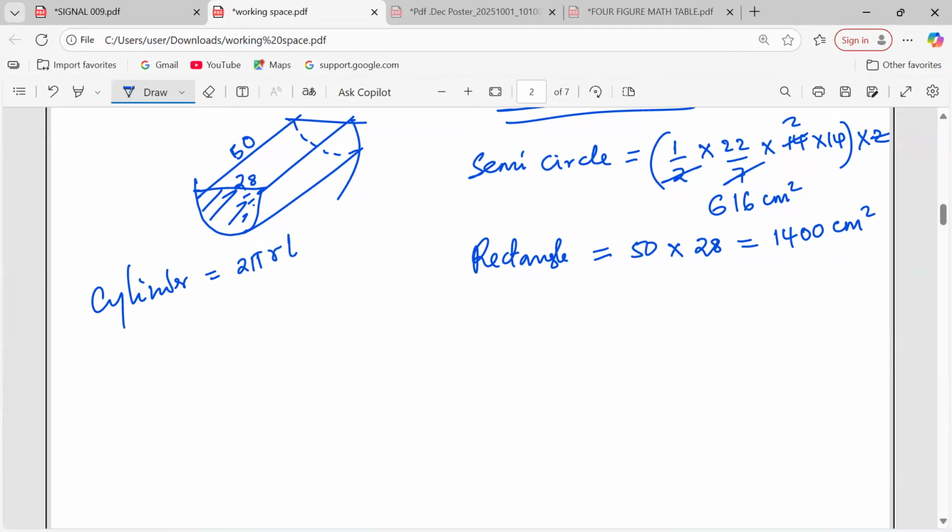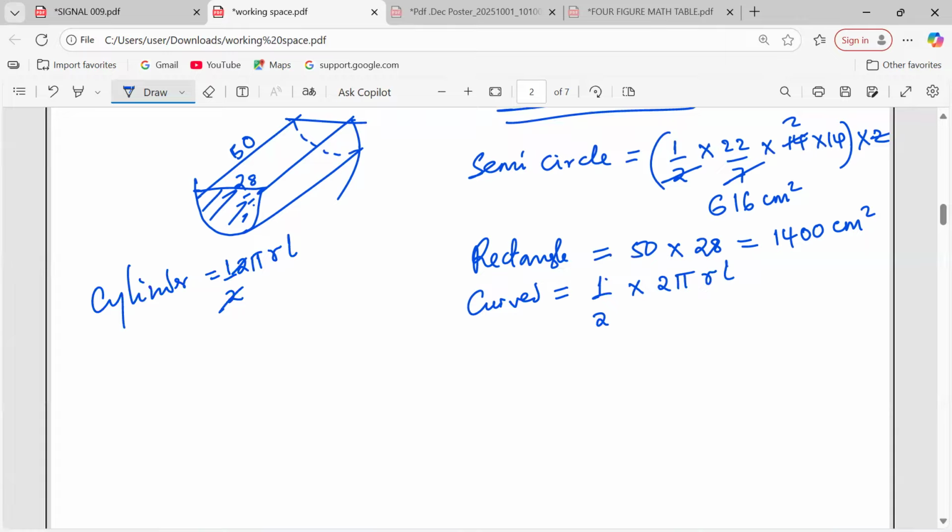But now that it is a half, we shall introduce a half at this point. So we need a half times 2 pi r length, or 2 pi rh.